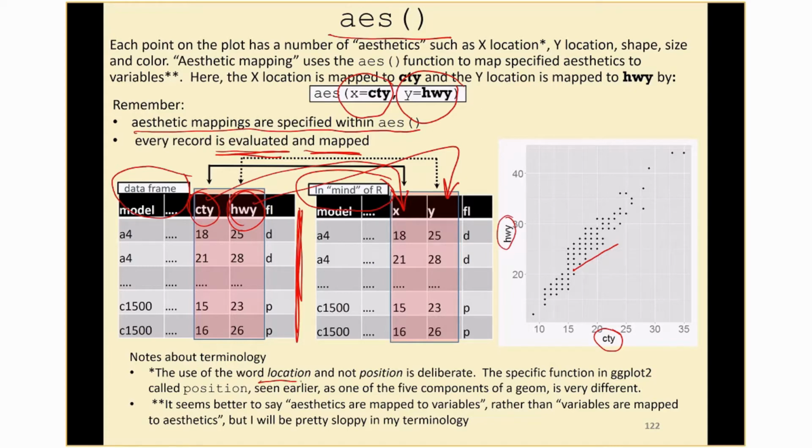I use the word location rather than position because location refers to its location vis-a-vis the x and y axis. Position is one of those five components: the data, the aesthetic mapping, the option, the stat, and the position associated with every geom. And down here, a fine point: technically you speak of aesthetics being mapped to variables instead of the other way around, but oftentimes my terminology gets a bit sloppy.